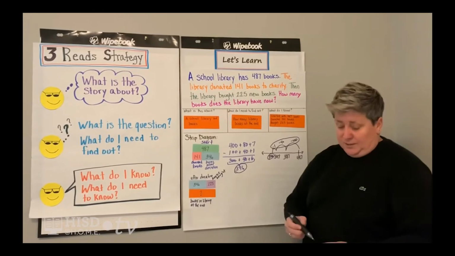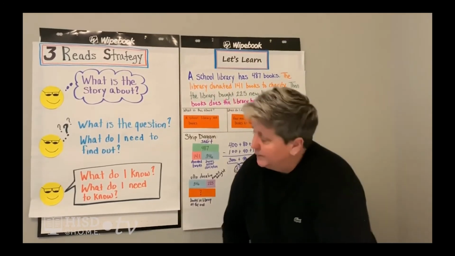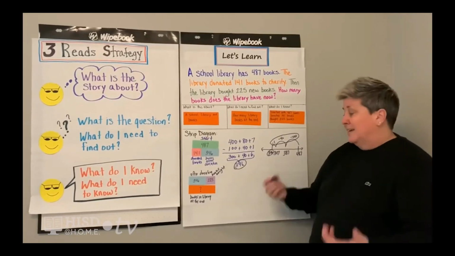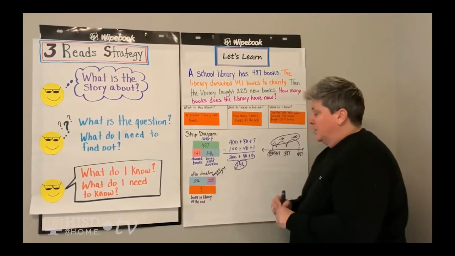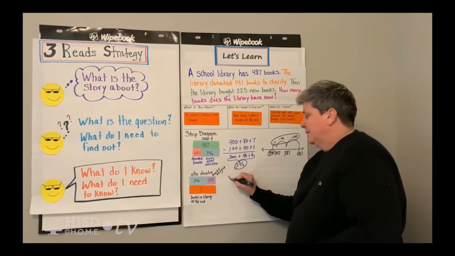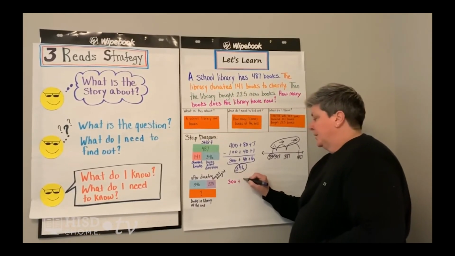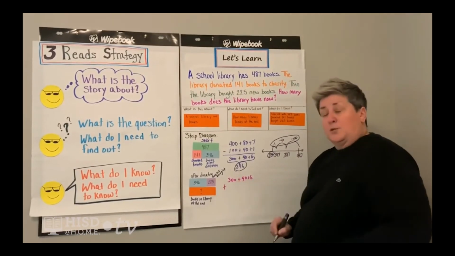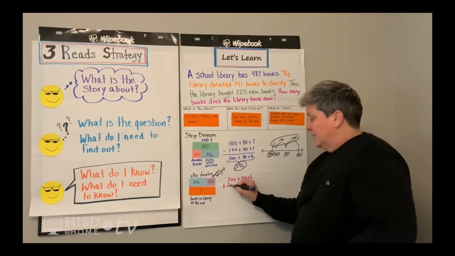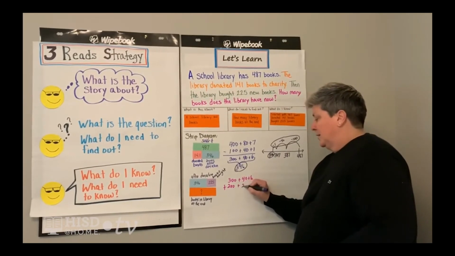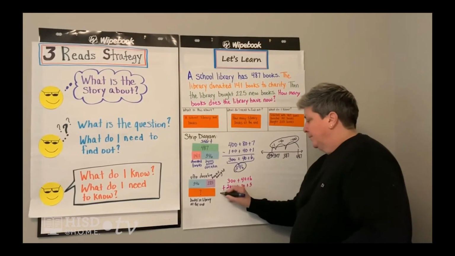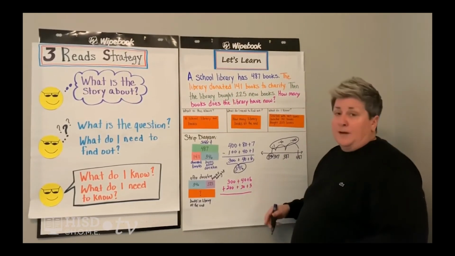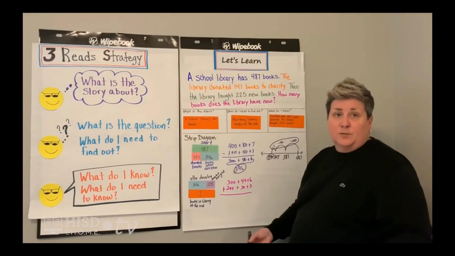So now let's do the same thing here, and let's join 346 and 225, and we're going to use expanded form again, and this time we're going to add. So I know that I have 300 plus 40 plus 6, and I'm going to decompose 225, and I'm going to join that. That's 200 plus 20 plus 5. And we're going to go ahead and join that. So I have 6 groups of 1 and 5 groups of 1, which makes 11 groups of 1.